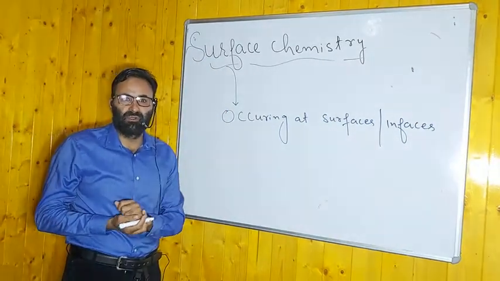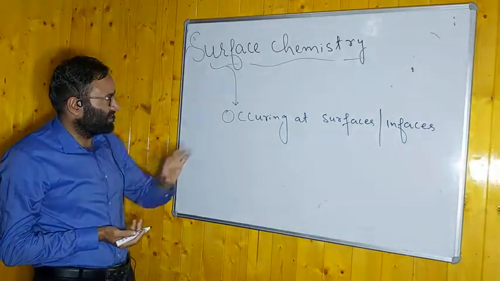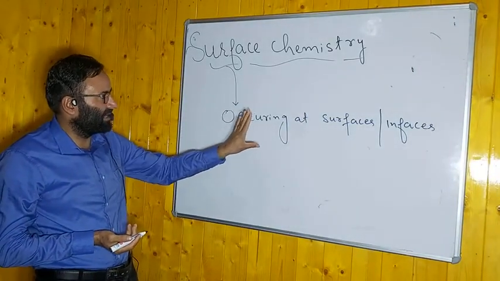It is the branch of chemistry which deals with the phenomena occurring at surfaces, or interfaces. This is the definition of surface chemistry.